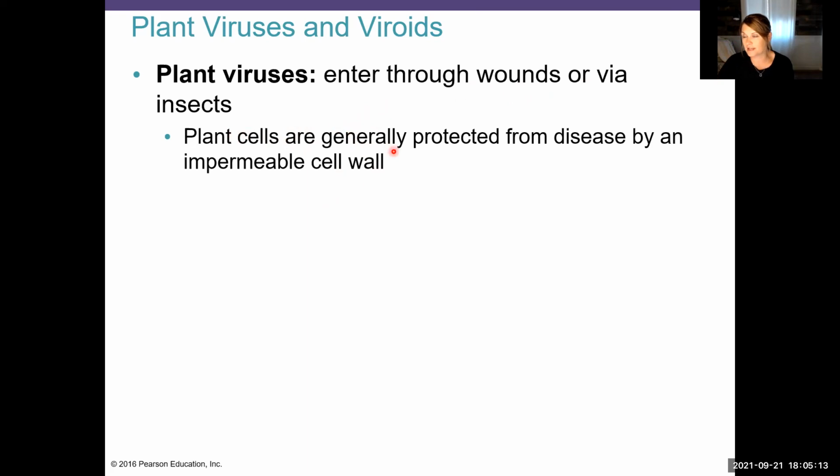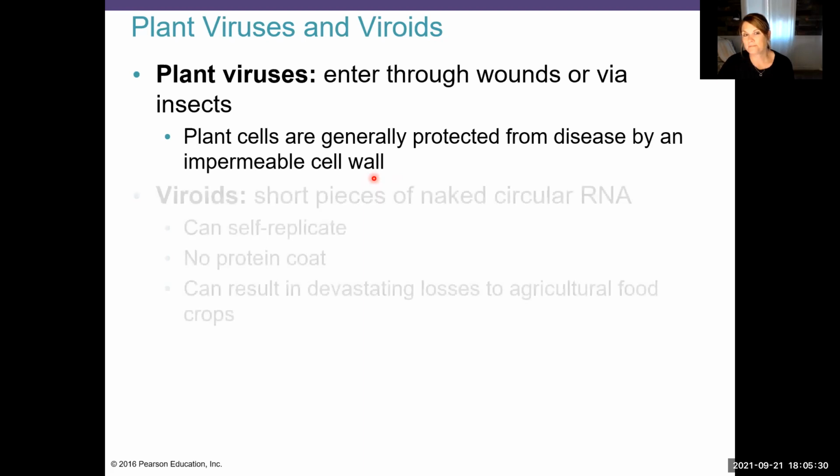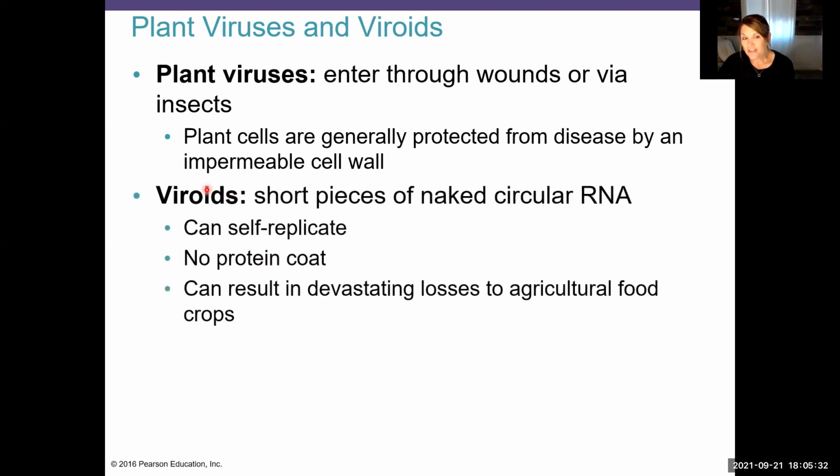Farmers deal with this all the time with their crops. But in general, they're pretty well protected, so they don't have nearly as many problems as animal cells, because animal cells are not very hardy. We don't have a cell wall. We don't have a waxy coating. There are these other things called viroids, so not plant viruses.